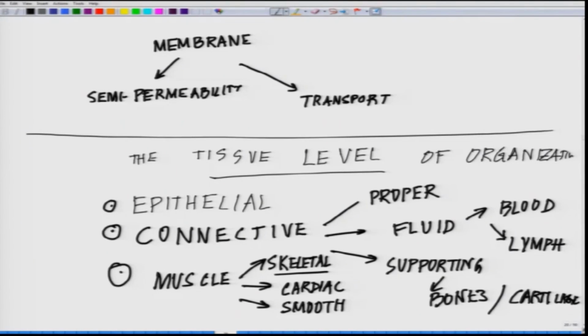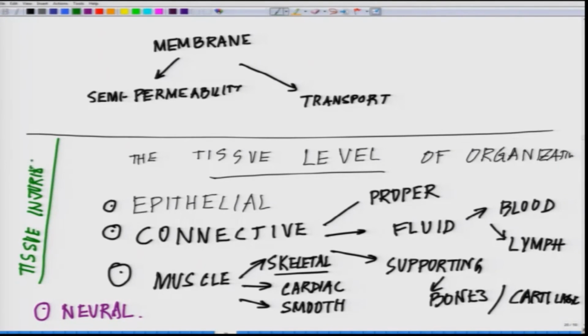The fourth and final non-regenerating one is called the neural tissue. We will have individual sections on each of these, and later we will be dealing with tissue injuries and aging, the process where things differentiate.